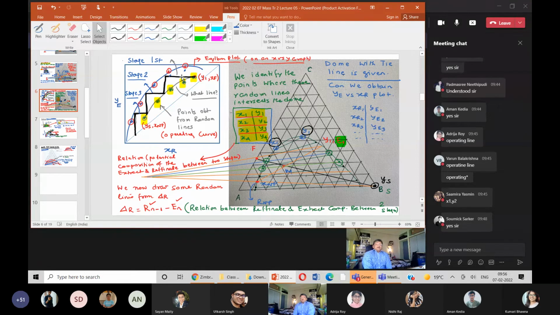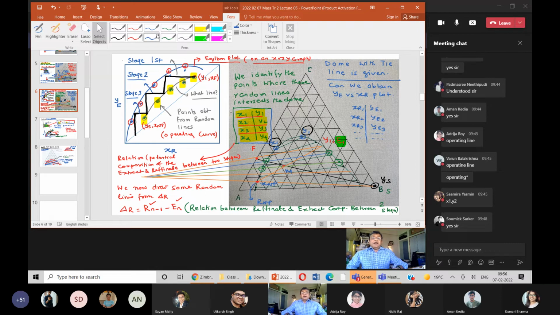And so then we draw some random lines from the point delta R, and we make a table of the edges of that line. And now, based on the physics of the operating line, that operating line essentially gives the relation between the extract and the raffinate, in this particular case between the 2 stages.